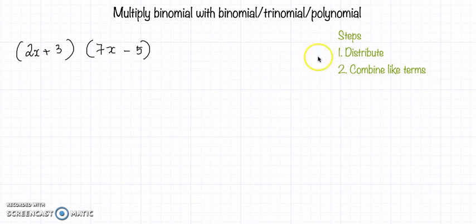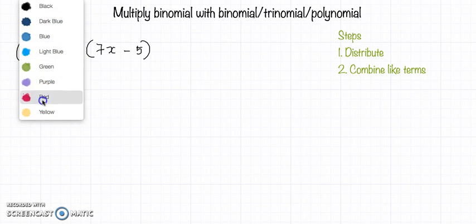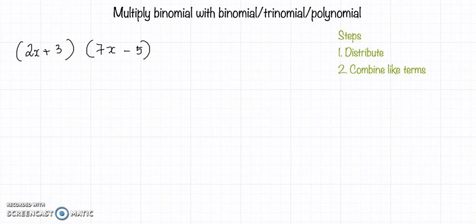There are two steps on how to multiply this. The first step is to distribute. So what we have to do is take each term in the first binomial, which here is 2x, and distribute it to each term in the second binomial.